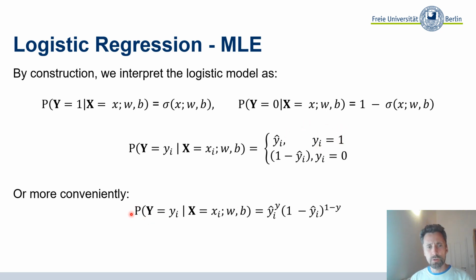But usually we conveniently rewrite this as y hat to the y times 1 minus y hat to the 1 minus y. Remember, y is either 0 or 1. So if it's 0, we disregard our y hat and take 1 minus y hat. And if it's 1, we disregard the opposite case.